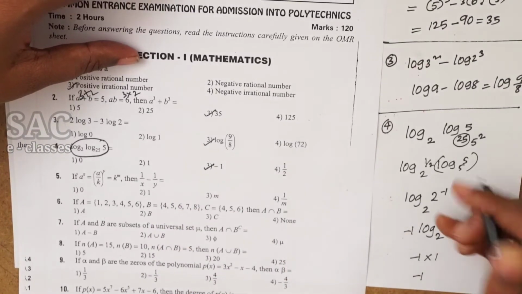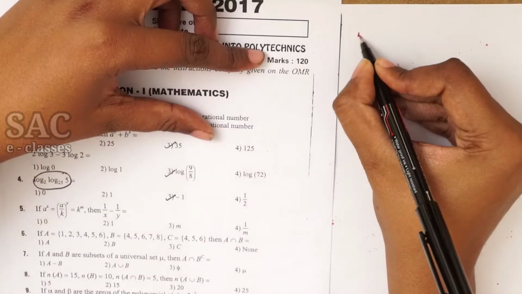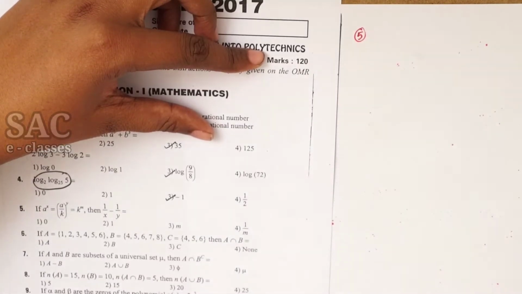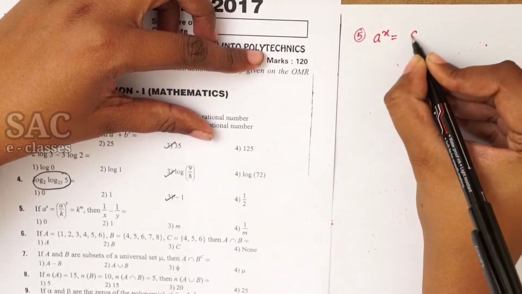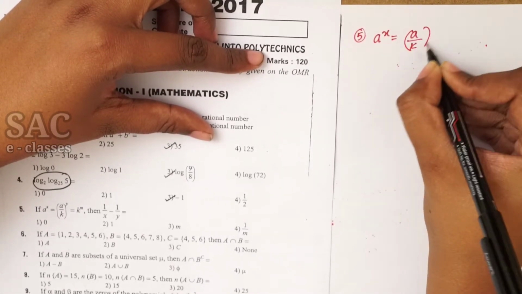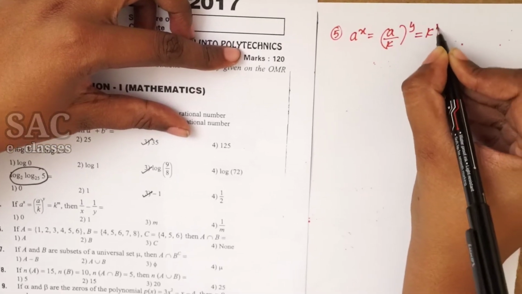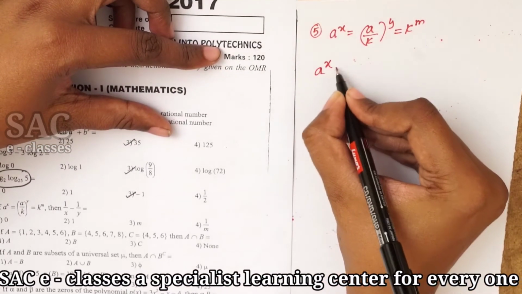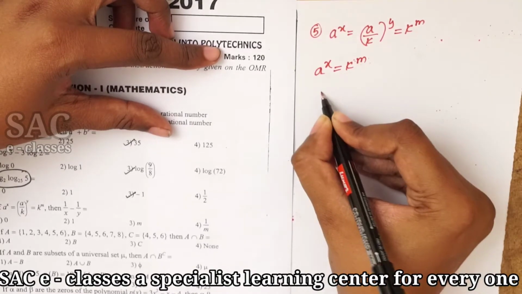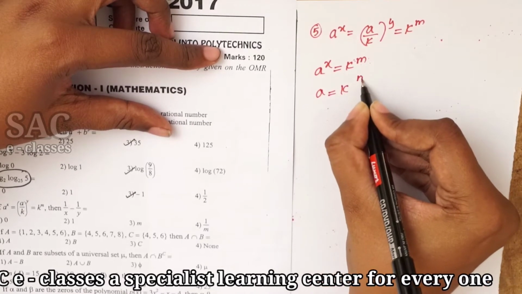Let's move to the problem number 5. Look at the fifth problem. a power x equal to (a by k) whole power y equal to k power m. Let us write that a power x equal to k power m, where a equals k power m by x.